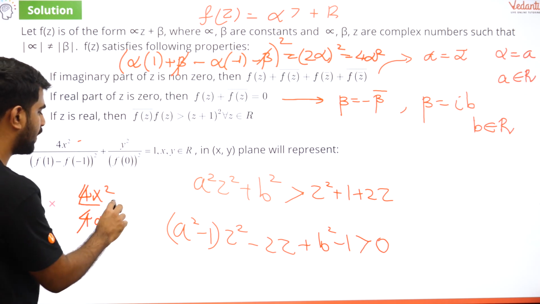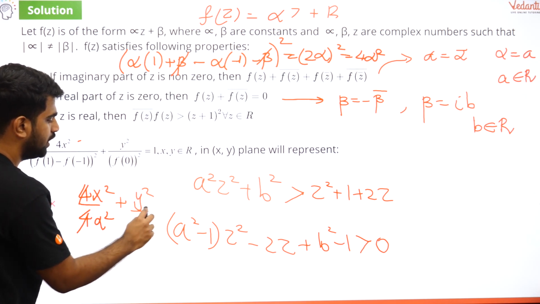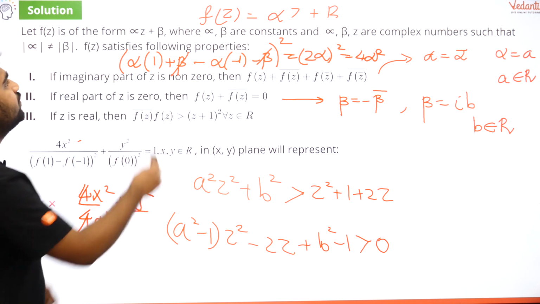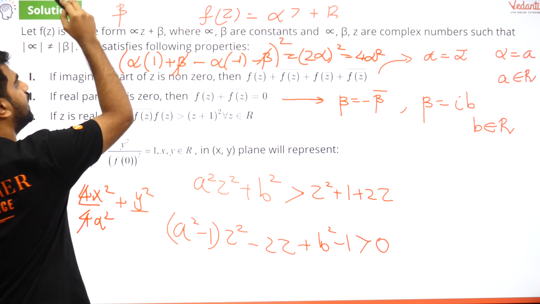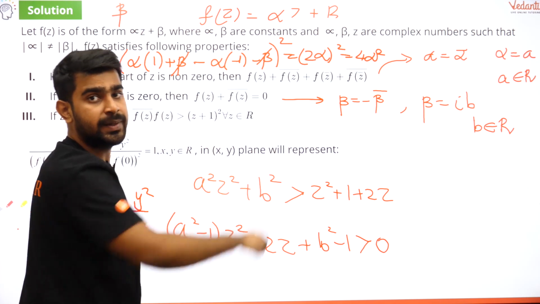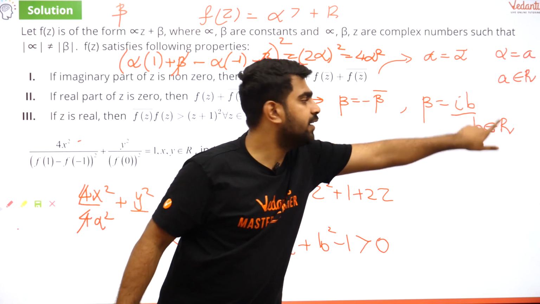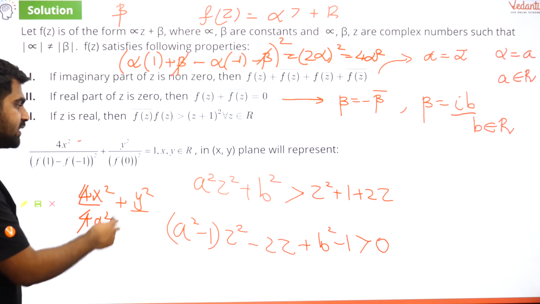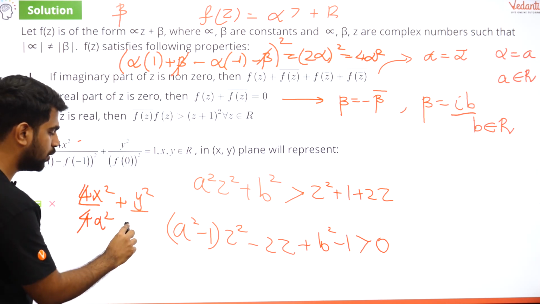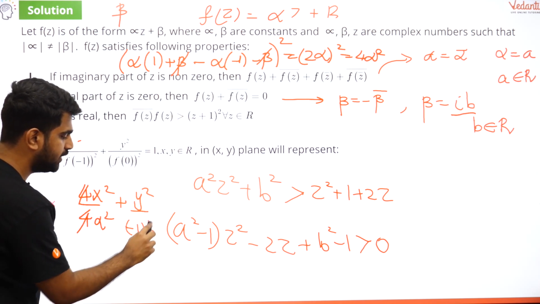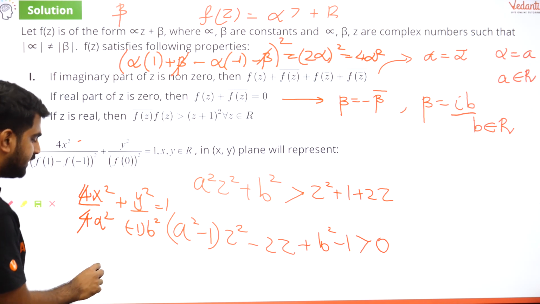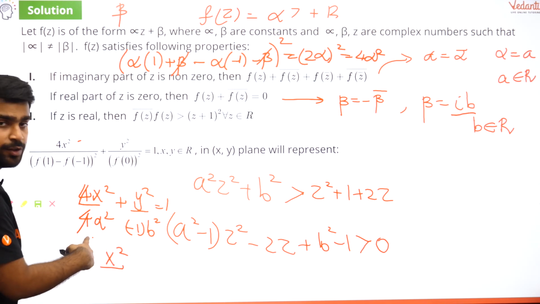Now let us do the y part. So plus y square by f of 0. What is f of 0? F of 0 is beta. And beta we know is nothing but IB, right? So what is IB the whole square? IB the whole square is minus b square, equal to 1. So this equation reduces to x square by alpha square.